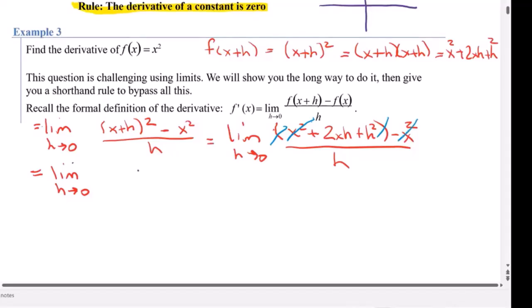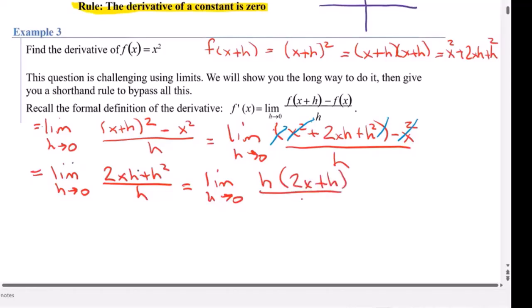And then we can say x squared minus x squared is 0. So we get just 2xh plus h squared over h, which equals the limit as h approaches 0. I can factor out my h. I get 2x plus h divided by h.